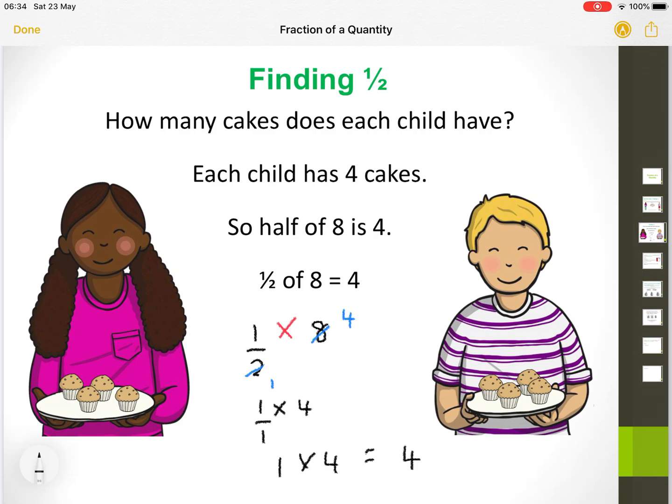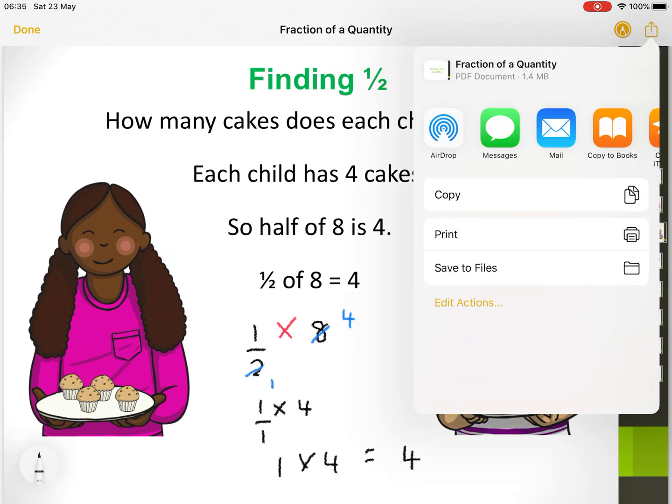We said that we can simplify the 8. You can cancel the 8 with the 2 because one is at the top and the other is at the bottom. They are both multiples of 2, so I divided them both by 2. I ended up with 1 all over 1 times the 8, which became a 4. 1 all over 1 is 1. 1 times 4 is equal to 4. So that is the first one.